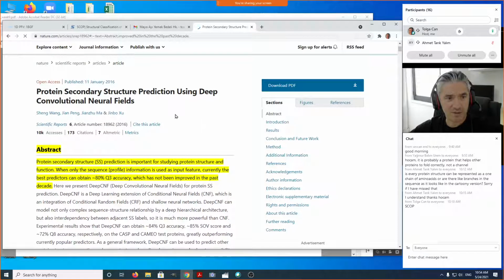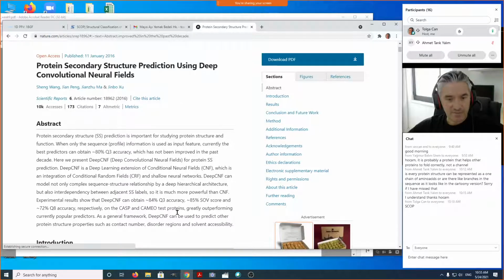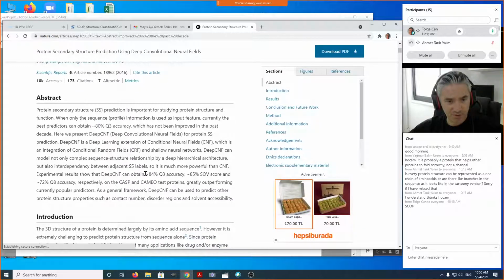So they report deep convolutional neural fields. Basically, this is deep learning. And it's not that highly accurate actually. They have 80%, so they were able to increase the bar to 84%. So it's not as high as I thought.